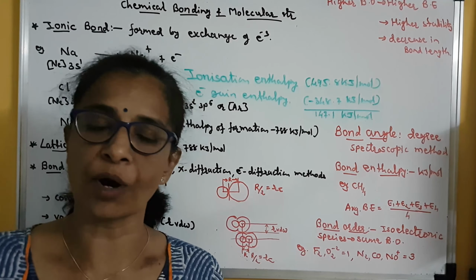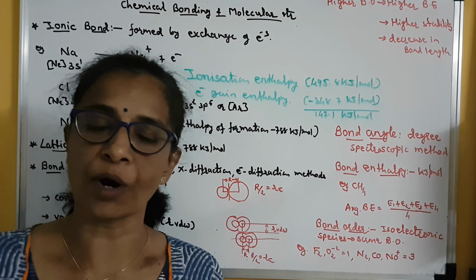Is it clear? Now, here the important thing is what decides the stability of this NaCl which is formed. The loss of electron is called ionization, and the energy required to remove or to lose this electron is known as ionization enthalpy.